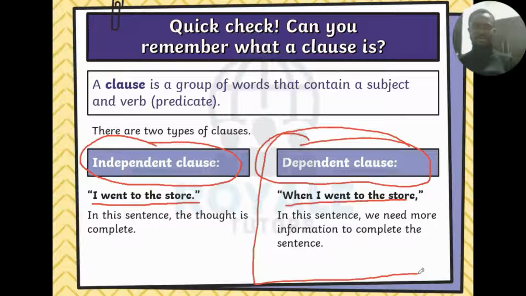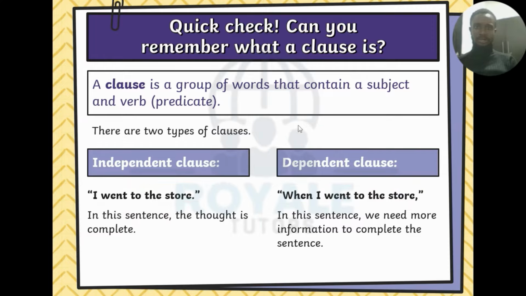What are the types of a dependent clause? I'll type this on the screen. They are number one, noun clause. Two, we have adjective clause. And three, we have adverb clause.